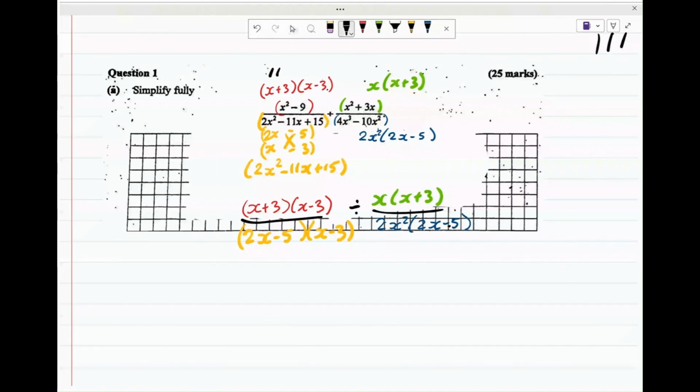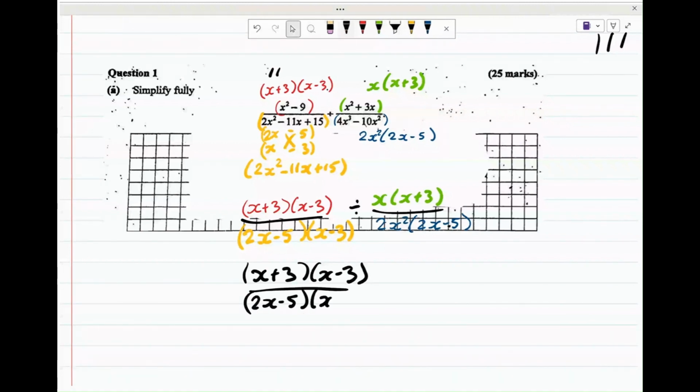So when we're dividing, we want to swap that to multiply and swap this fraction upside down. And so that'll give you basically the same answer as dividing. So if we do that, x plus 3, x minus 3 times 2x minus 5 times x minus 3, multiplied by 2x squared times 2x minus 5 over x times x plus 3.